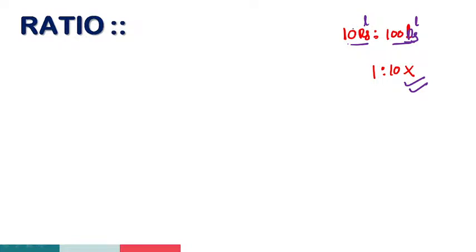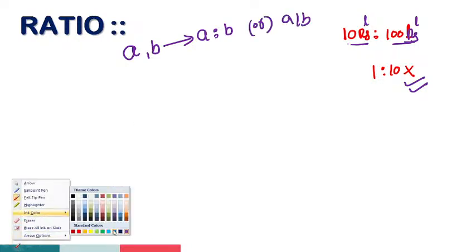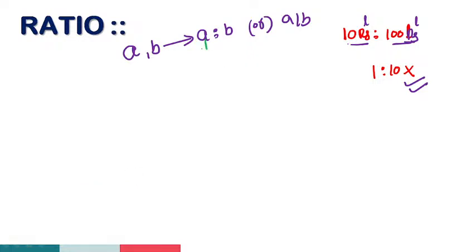For example, for A, B, the ratio is A is to B, or A by B, same. Here A means antecedent and B means consequent.